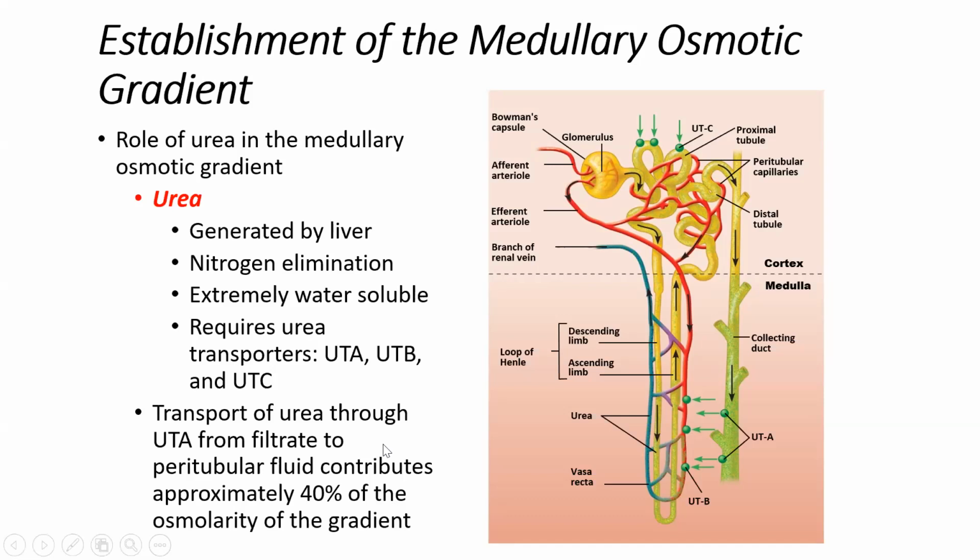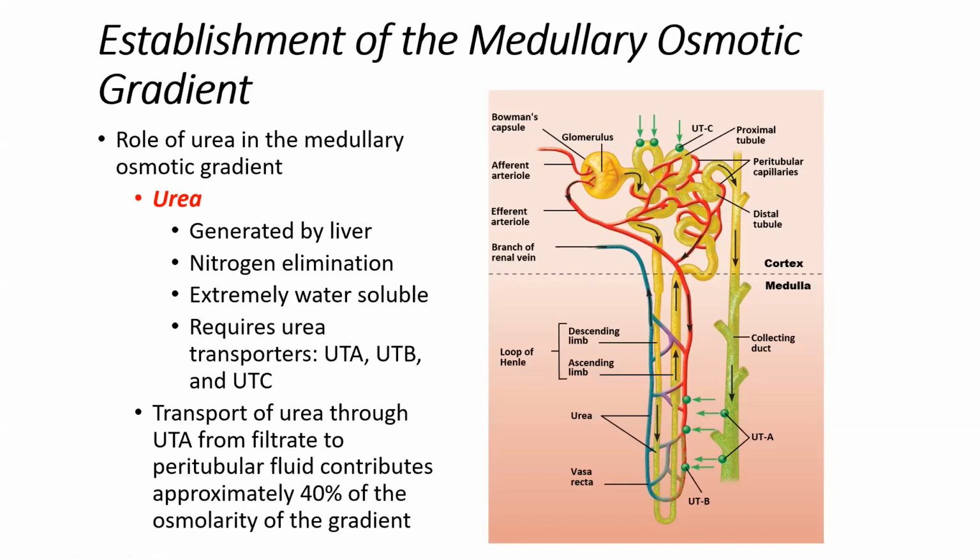So the transport of urea through UTA in the collecting duct is what facilitates the reabsorption of water, right? Because urea has this osmotic pull, it behaves just like our other solutes and just like proteins, where wherever it goes, water follows it. And because we have these transporters for UTA on the collecting duct, we can facilitate the movement of urea through the collecting duct, and then water will simply follow that movement of urea.